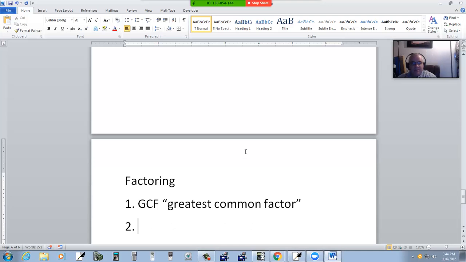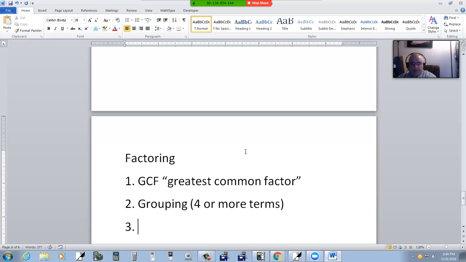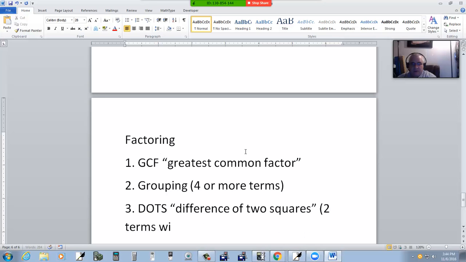Our second method is grouping, and this is when you have 4 or more terms. Our third method is DOTS, which stands for difference of 2 squares, and this is when you got 2 terms with a minus between them.